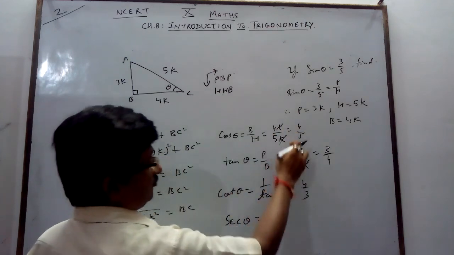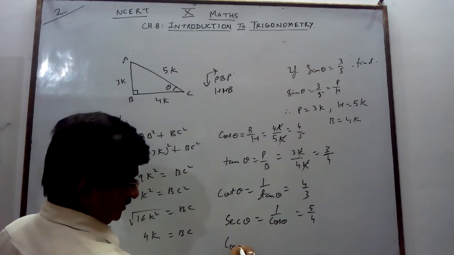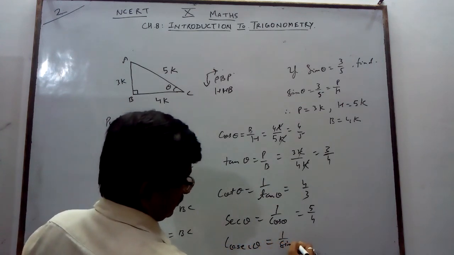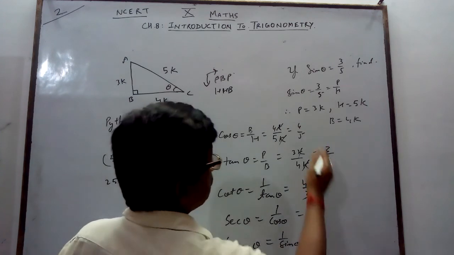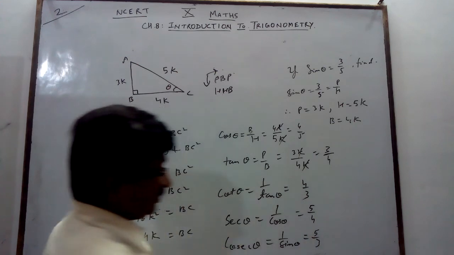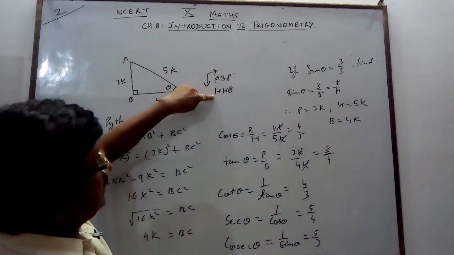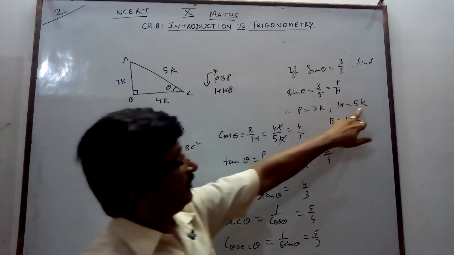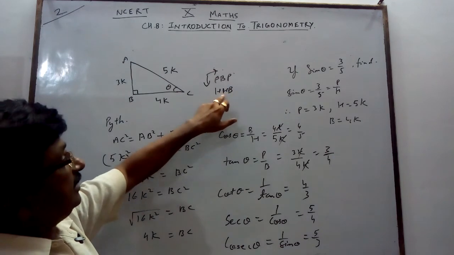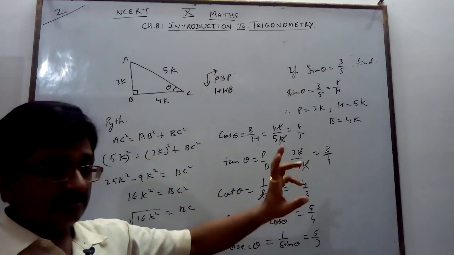Cos theta you have got as 4 by 5, so it is 5 by 4. Cosec theta is 1 upon sin theta, and sin theta is already given, so it is 5 by 3. You can get this by the reciprocal relation or by cosec theta is H by P, which is 5K upon 3K, K cancels, 5 by 3. Sec theta, H by B, you will get 5 by 4.